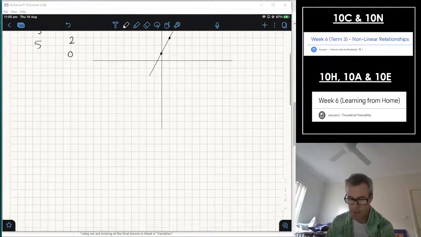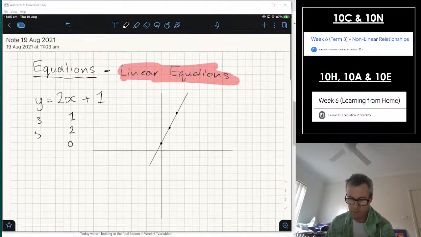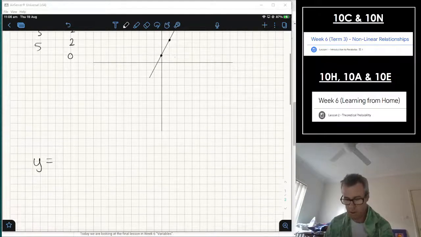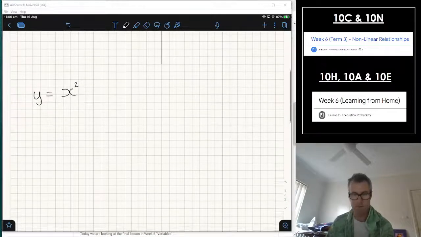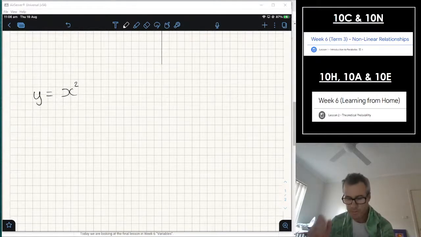The difference being that instead of having just straight up variables like so, our variables are going to often be squared, like so, okay? This changes the way that we look at these equations, okay? I'll explain why we call it parabolas in a minute. So let's just go ahead and explore what this is here, all right?